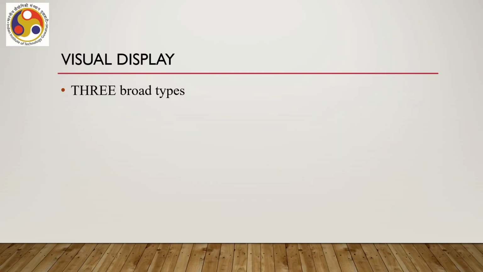Let us start with the visual displays. When we talk of visual displays, these are essentially displays meant to stimulate our visual sense, that is our eyes. There can be three broad types of visual displays.